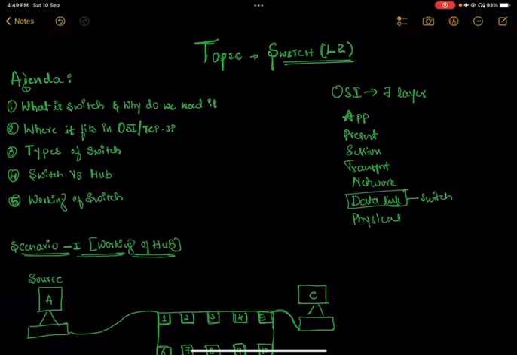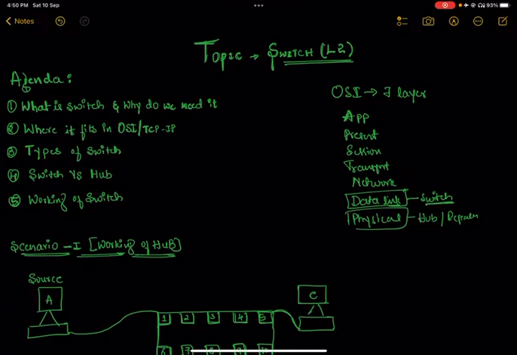We already discussed very briefly that in the physical layer we have the hub, and we also have the repeater, right? Let's go from the bottom up approach. We already have hub and repeater, so what was the need of bringing up a new device called switch, right?